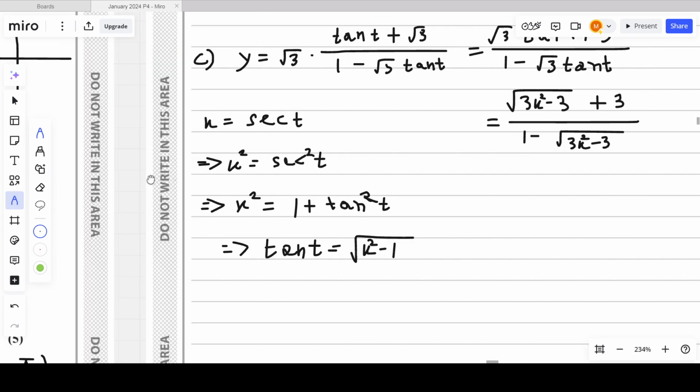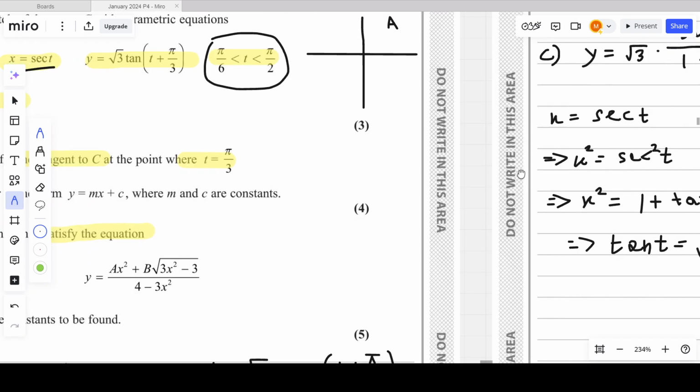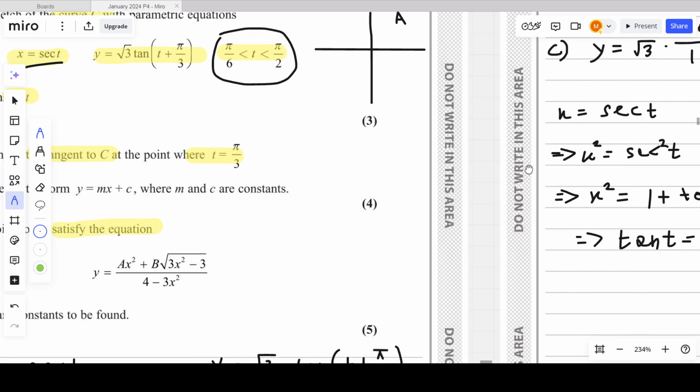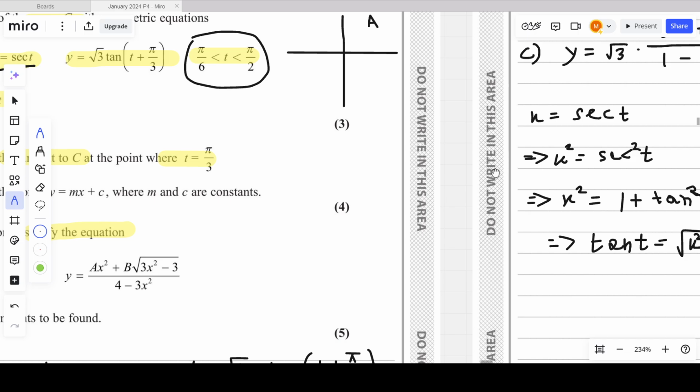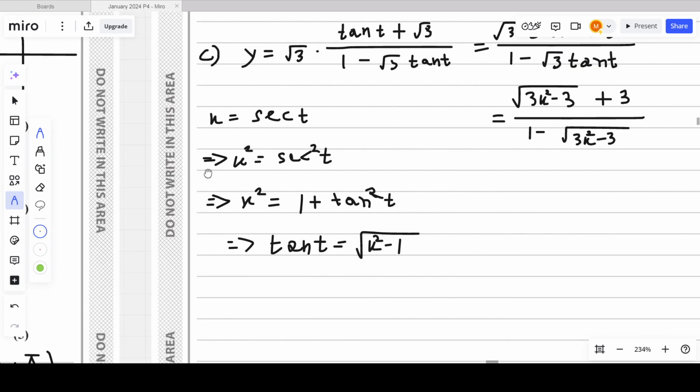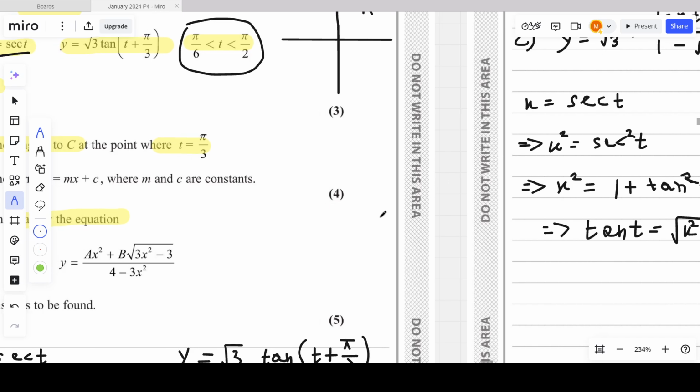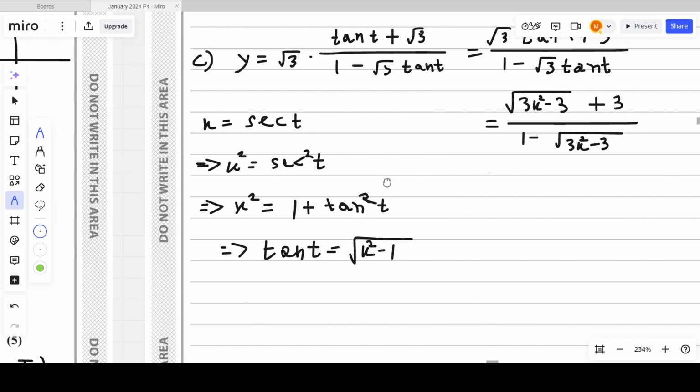We are almost closer, but not the closest. We need to simplify it more, isn't it? There is 3x squared, but we don't have any x squared in the numerator. So what can we do now?